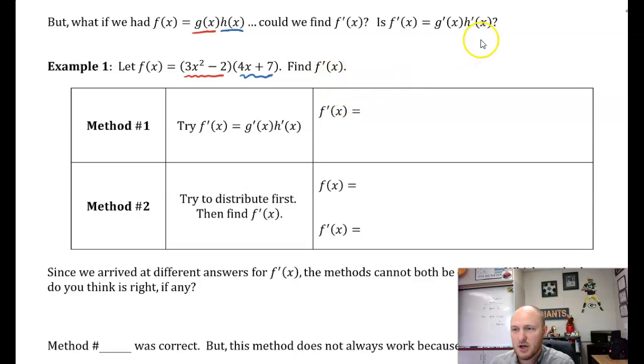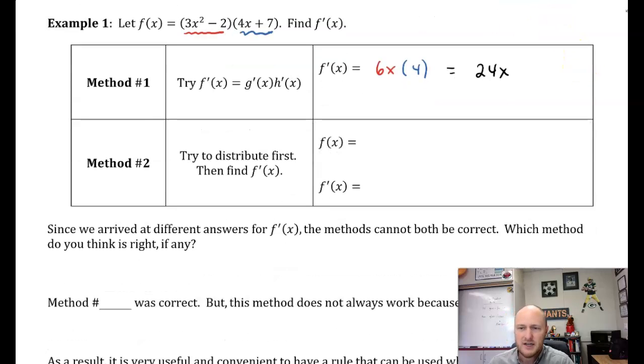So using this logic for method number 1, that f prime is g prime times h prime, well, the derivative of the first one is 6x. And the derivative of the second function is just 4. So here we have a derivative of 24x. Okay, so that's method number 1. I'm just going to take the derivative of each of them and multiply.